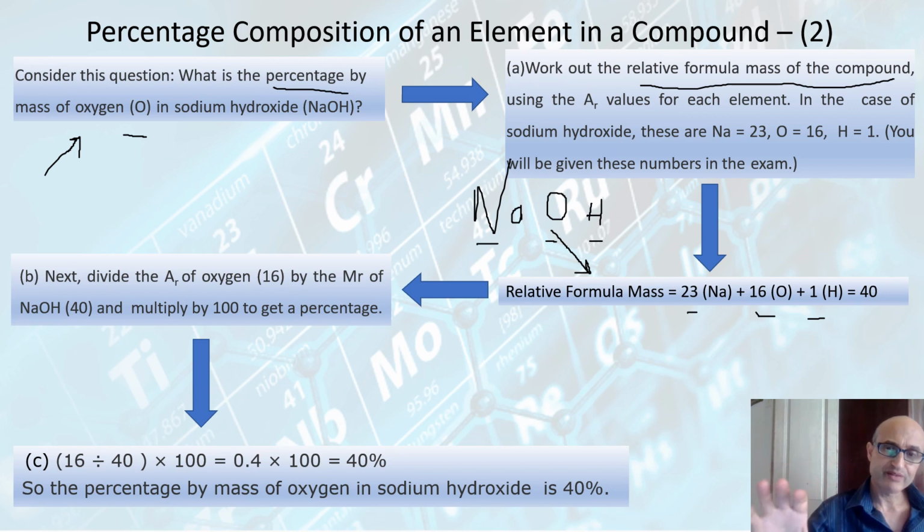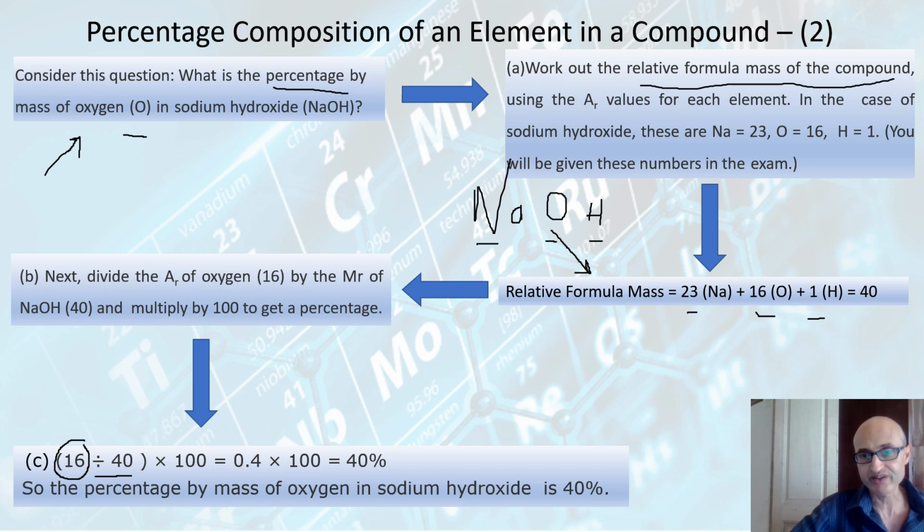So that 40 will represent our 100%. Now all we have to do, if we're asked to find out the contribution of oxygen to the mass of NaOH, is look at the relative atomic mass of oxygen, which we have said is 16 right over there, and divide it by the 100%.